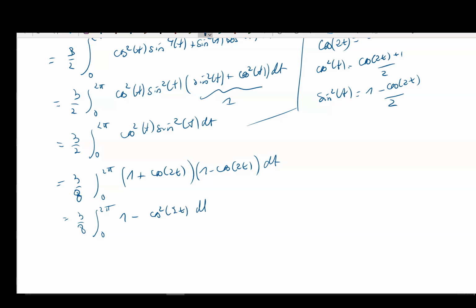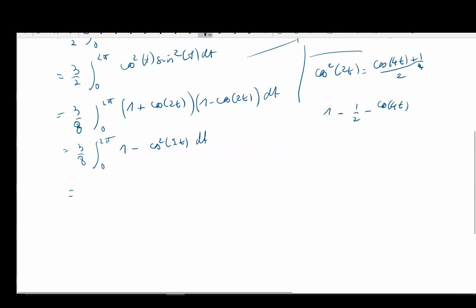Okay, and again we are going to use the fact that cos square of 2t is going to be (cosine of 4t plus 1) over 2. Okay, so we have 1 minus 1 over 2 minus cosine of 4t. So this can be rewritten as 3 over 8.